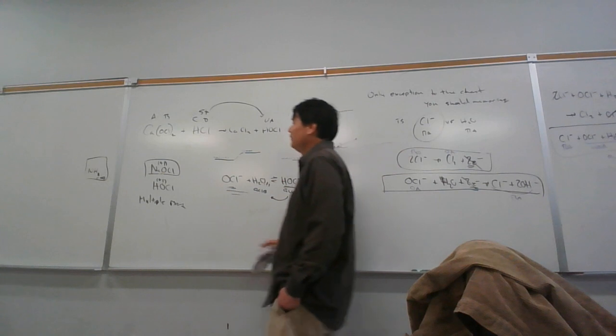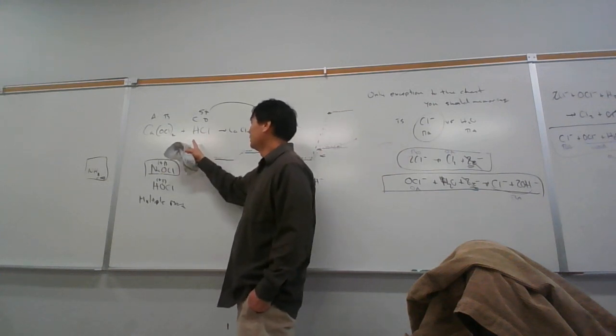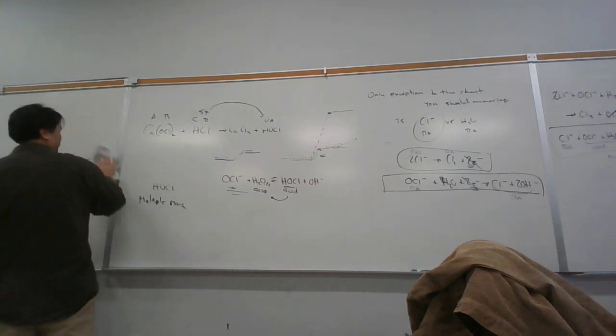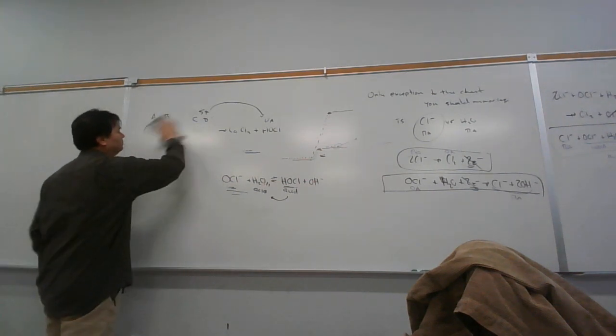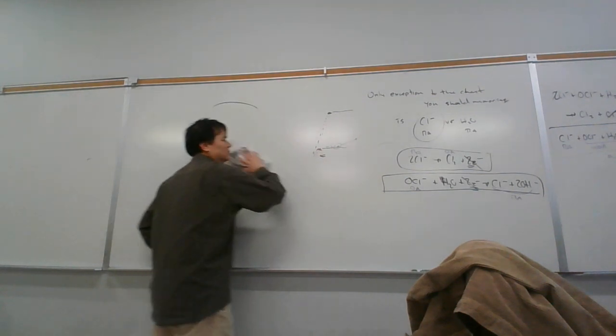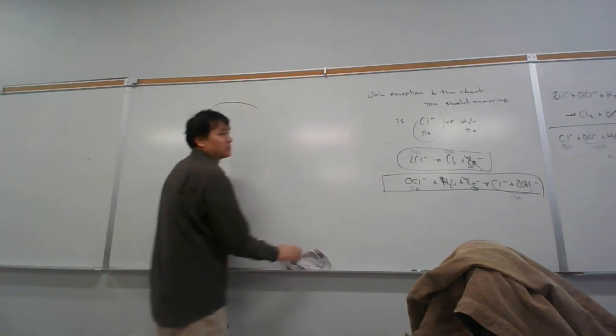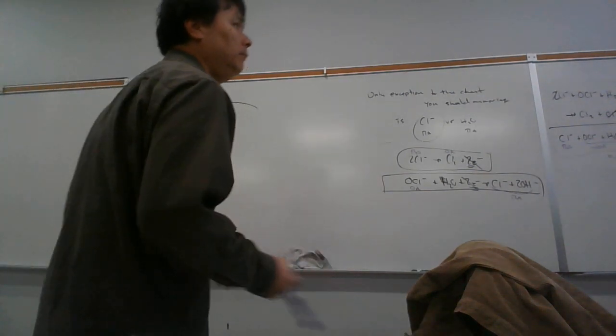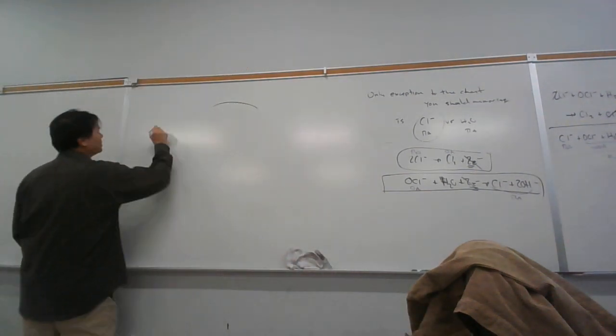Normally we have 2 reactants, but what if we have 3 reactants? Well, we did have 3 reactants, I guess, yesterday. But let's take a look at this reaction here. The C4H9OH.